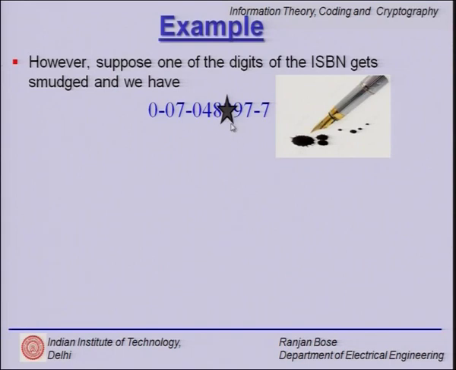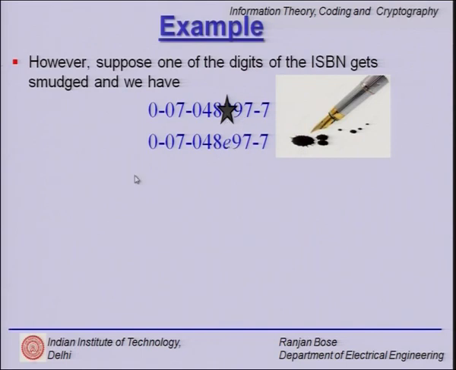The moth could have eaten it, or ink has dropped on it, and I need to know whether this is a valid ISBN or not. So, this is a problem not of error detection. Clearly, the error is there, I can see that error, but can I correct it, can I recover from it, can I guess what this is? So, I model this ink blot as my error E.